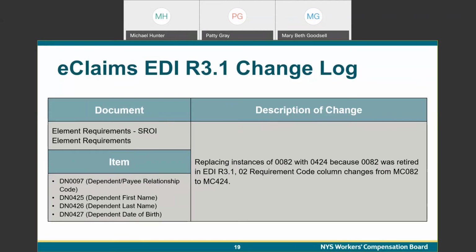As those familiar with 3.1 already know, data element 0082 was retired in 3.1 and replaced with DN 424. So we just updated that O2 requirement code column from MC 082 to MC 424 to accurately reflect the new data element number.